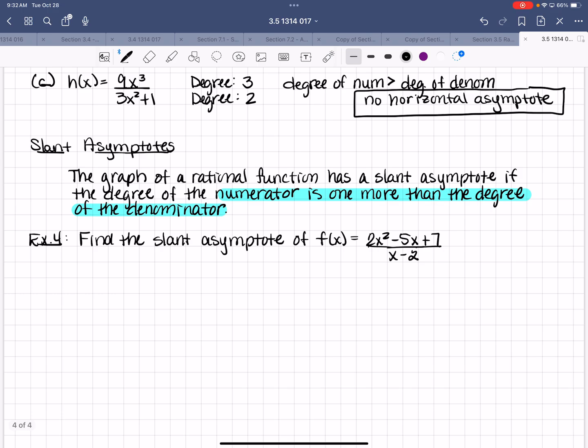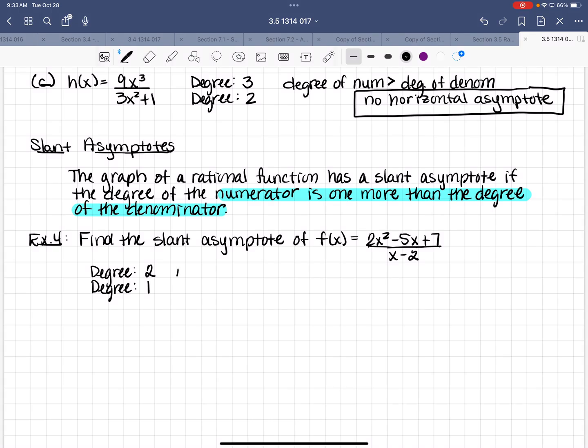Okay, so the first thing that we do is we need to follow the process like when we check for horizontal asymptotes. Okay, so I'm going to say, what is the degree of the numerator? Two. Yep. And what is the degree of the denominator? One. Yeah, it's just one.